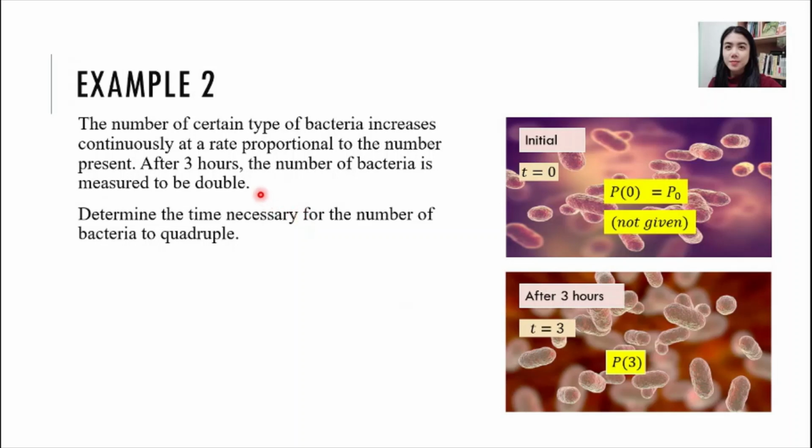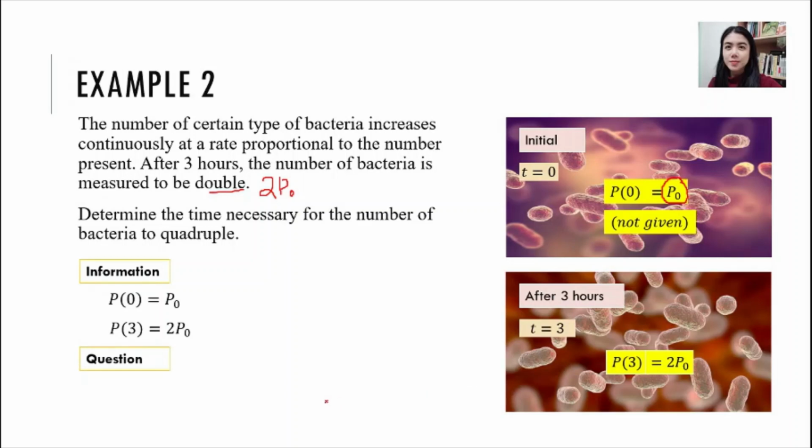Double means 2 times. 2 times of what? 2 times of the initial. So now we have gathered 2 important pieces of information. Now let's look at the question. You have to determine the time necessary for the number of bacteria to quadruple.